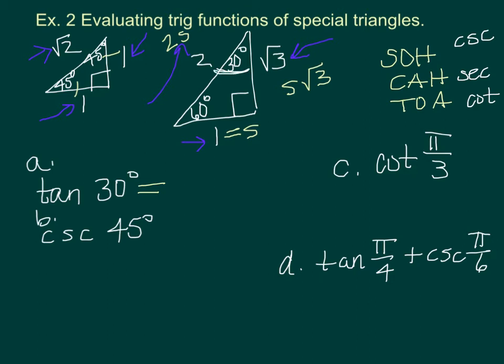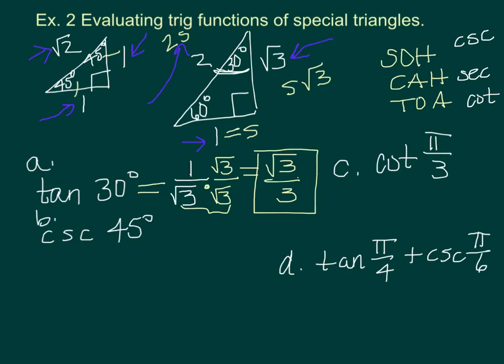We look, opposite is 1 and adjacent would be radical 3. Well, you always want to rationalize your denominator. That means you don't want a square root. So you multiply it by itself, and you're going to get radical 3 over the square root of 9, which is 3. And we're going to learn a lot more about these special triangles later.